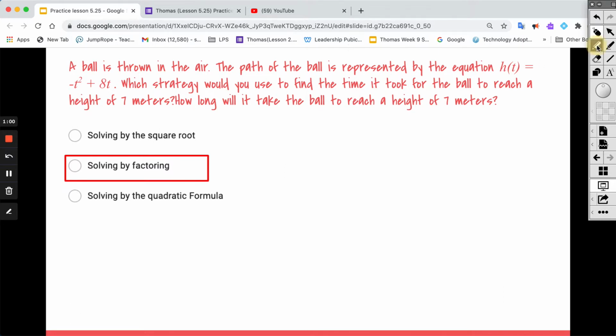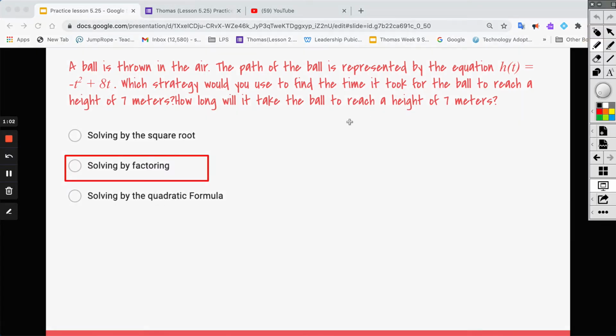So the given equation is h of t is equal to negative t squared plus 8t. Now, the h of t represents the path or the height of the ball.